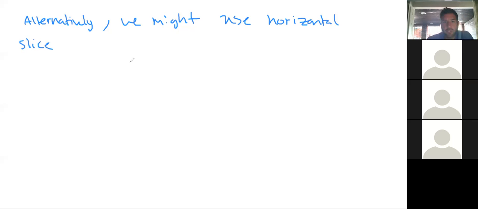So if I draw my picture again, I'm going to draw it a little bigger. So we're essentially looking at this sort of shape.